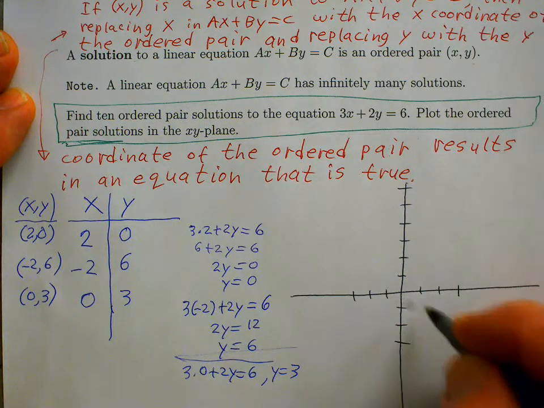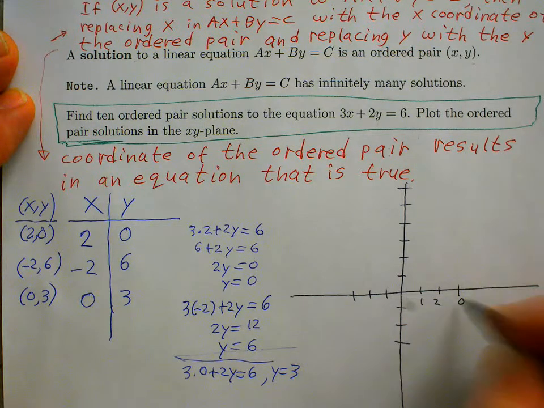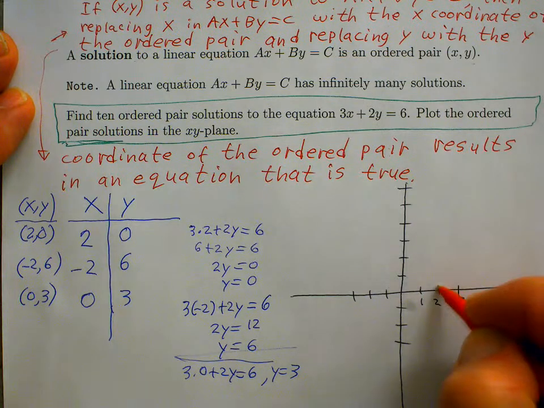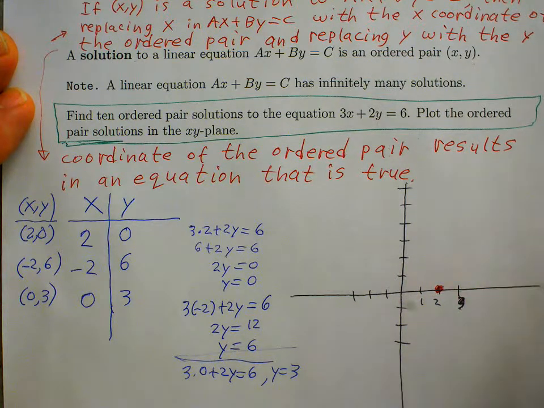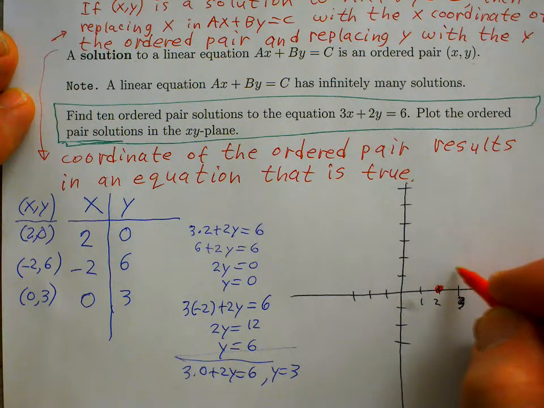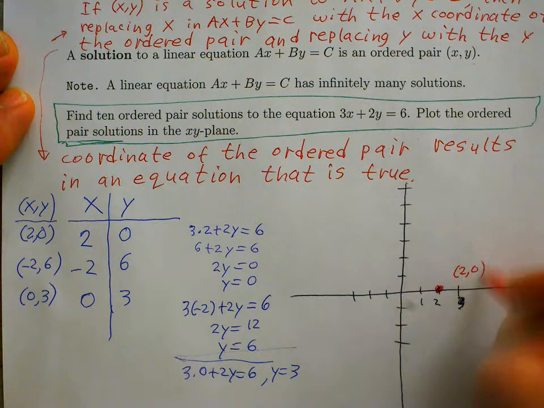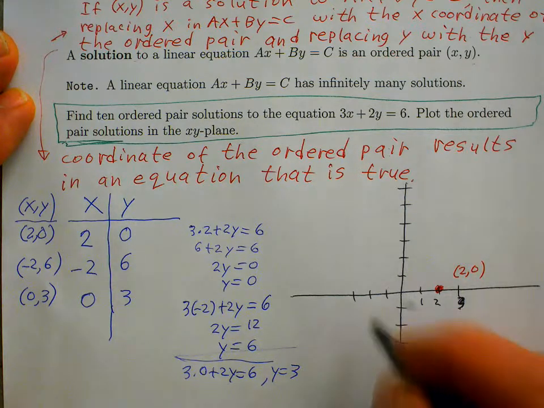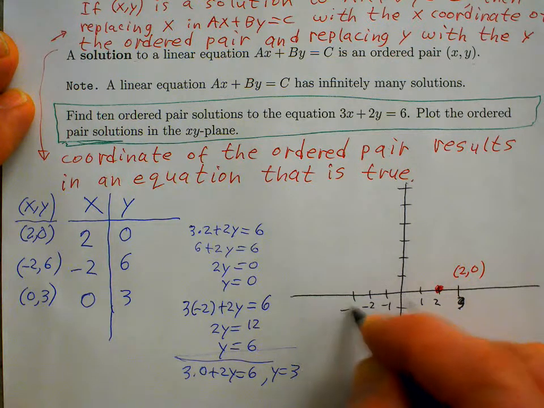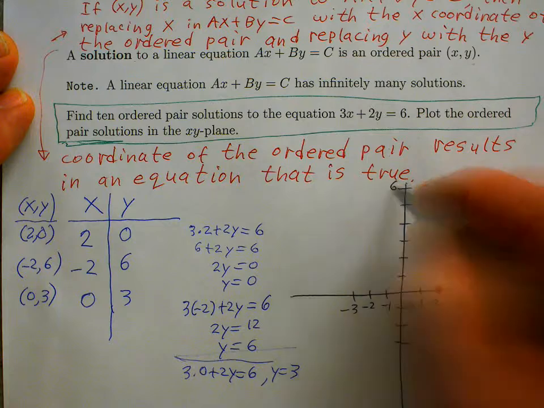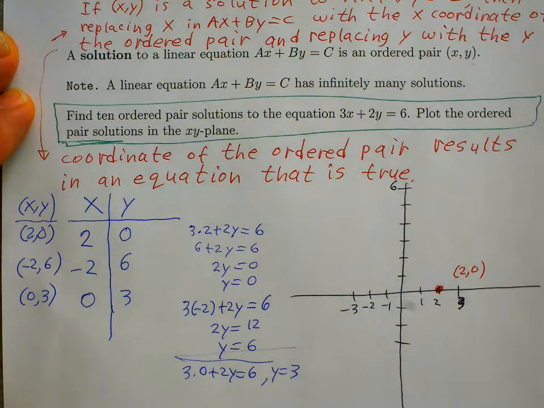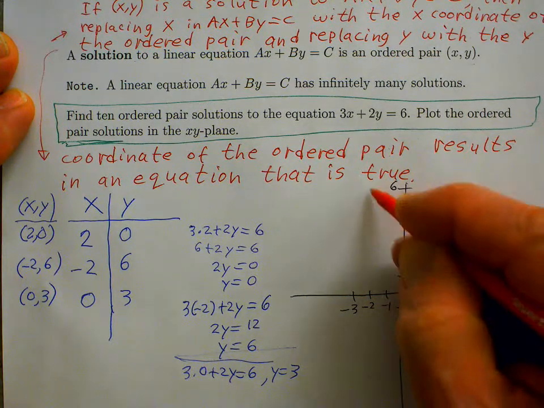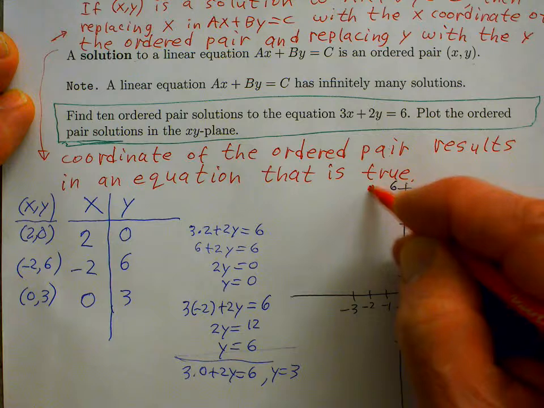That's this point right here, 2, 0. The next ordered pair, negative 2, 6, is up there, right in here somewhere.